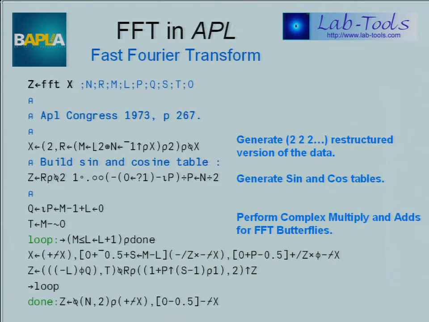And the really nice thing in APL is that here's an algorithm from the 1973 APL Congress. You start by restructuring the data as a 2x2 by as many 2s as you need to hold it all.